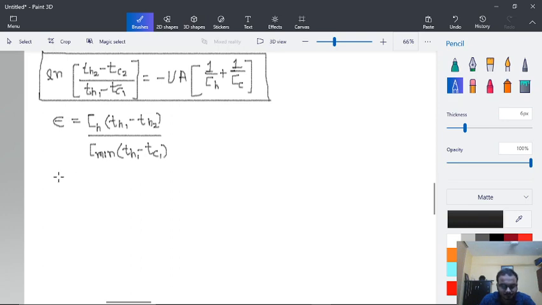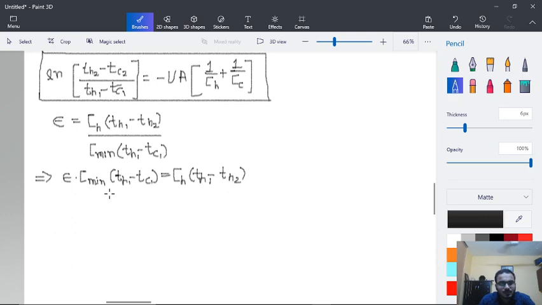So here we can write down epsilon into C minimum into (TH1 minus TC1) is equal to CH into (TH1 minus TH2).